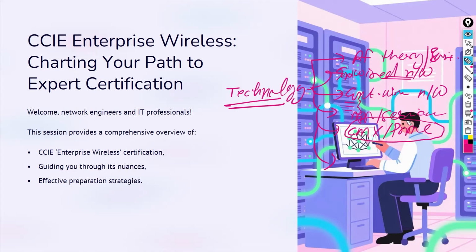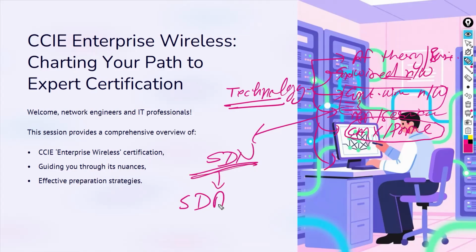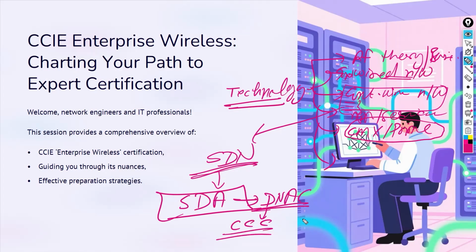Later on we'll see that Cisco has changed the game of wireless networking certification, and they have introduced this CCI wireless full-fledged certification, and there we'll see that they are more focused on this enterprise part. We'll see software defined networking, and under that for enterprises we have a solution by Cisco for automation, which is software defined access, based on DNAC, formerly known as DNAC and now also known as Cisco Catalyst Center.